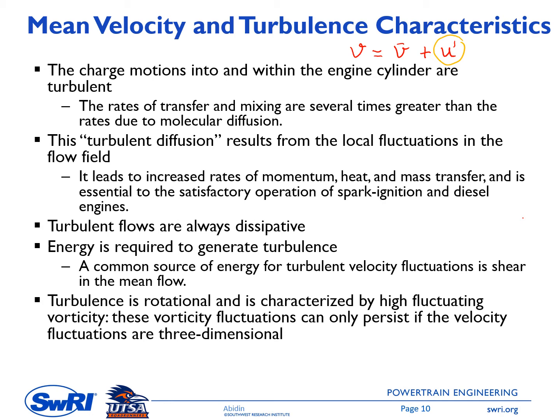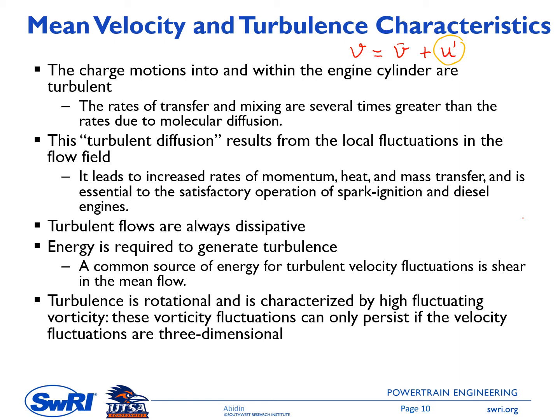So the charge motion into and within the engine cylinder is turbulent, which means we have a very high Reynolds number. And why do we need a turbulent flow? Once again, because we want to enhance the combustion process, and one of the parameters that enhances this combustion process is turbulence.